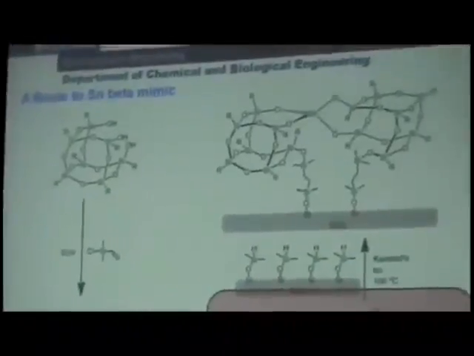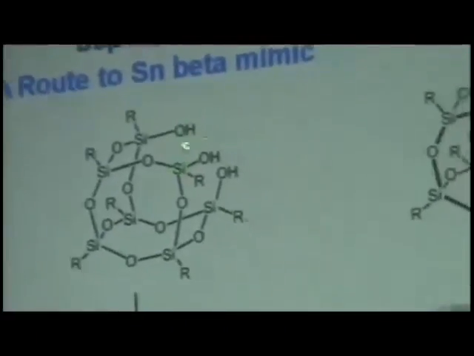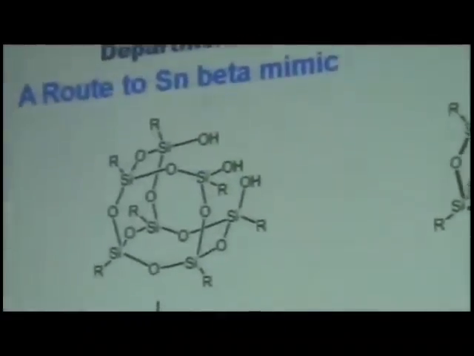So this is how we plan to do it. We started off with this imperfect POSS, as you say, the spherical silicate. This is essentially like the silsesquioxane, except that one of the corners is taken away, one of the corners of the silicon is taken away. In the case of it, three of these silanol groups.